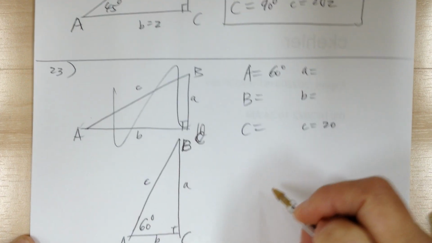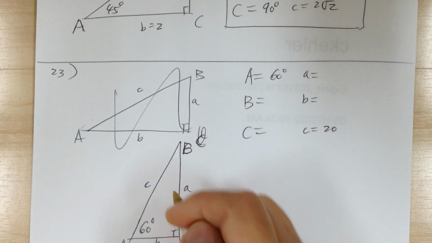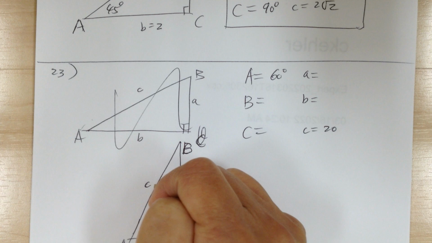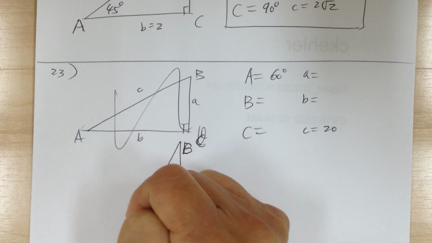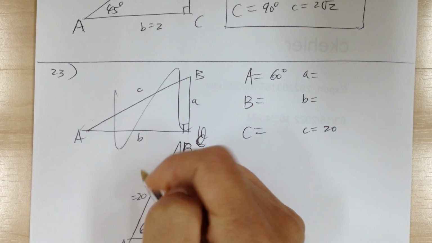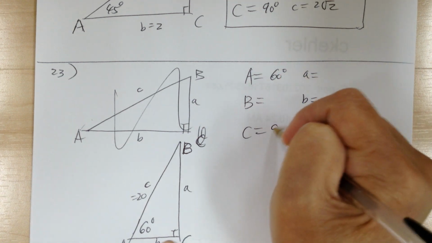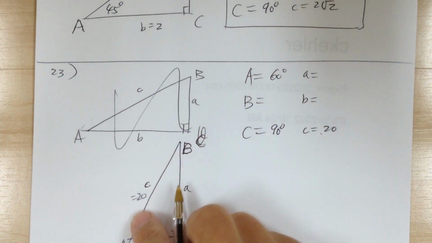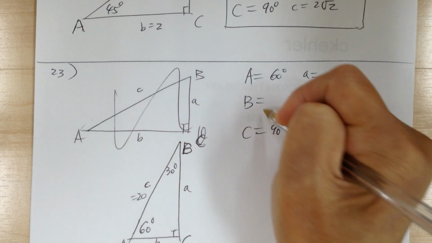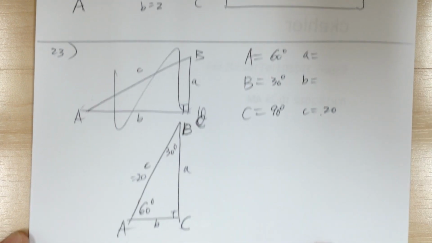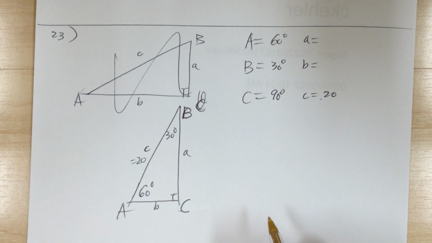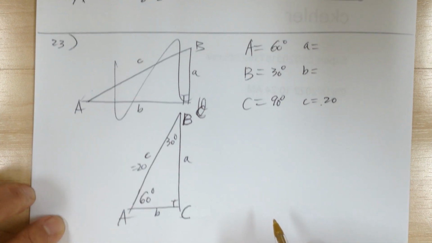And so what we got? Small c equal to 20 and A equal to 60 degrees. Again, angle C is 90 degrees. A and B have to be complementary angles, so B has to be 30 degrees. So this is your 30-60 special triangle.